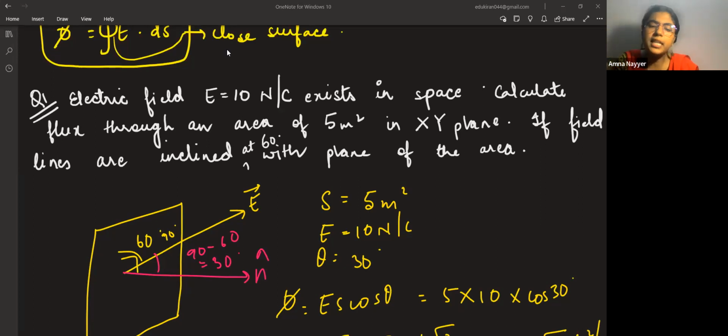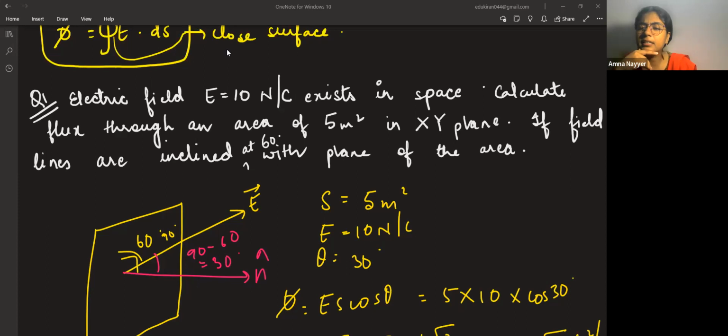Polar form means, as in 11th class, you must have studied this in your basics, that the angle between the vectors is given. So here we had the angle of 60 degrees between the vector and the plane. So we calculated the angle that is required by us, that is the angle made between the field line and the area vector. So we got our theta.